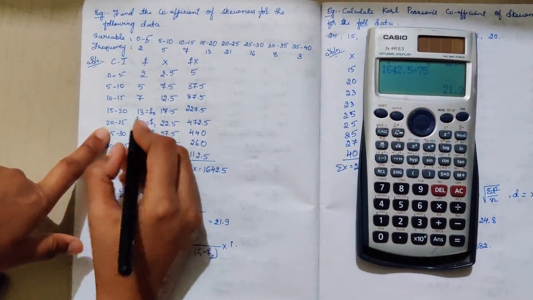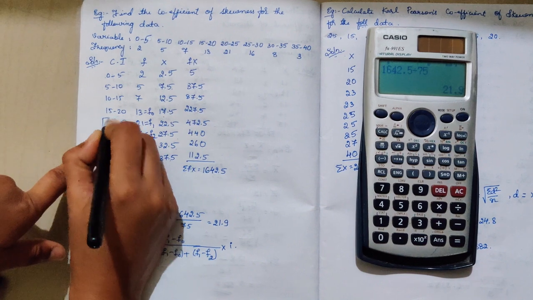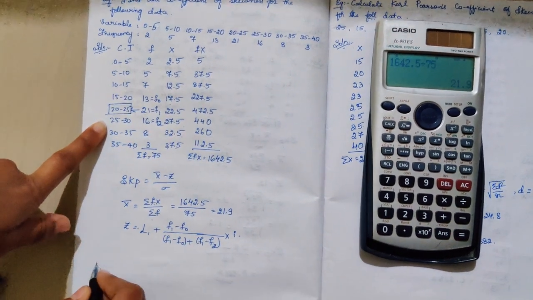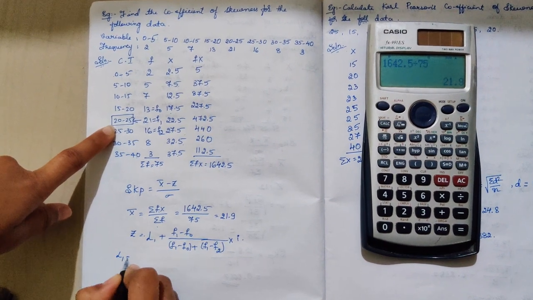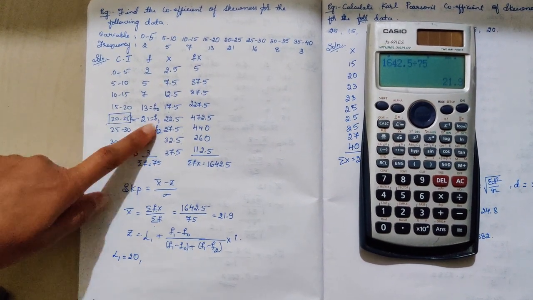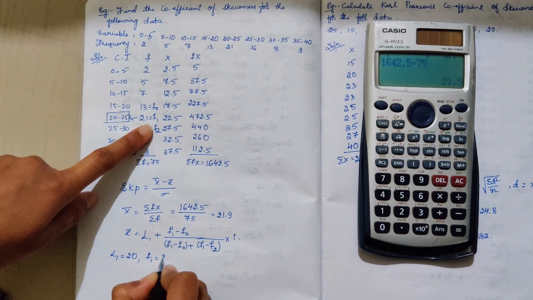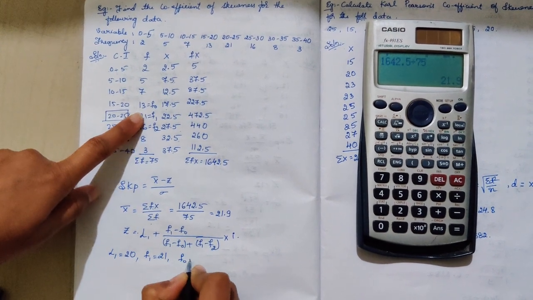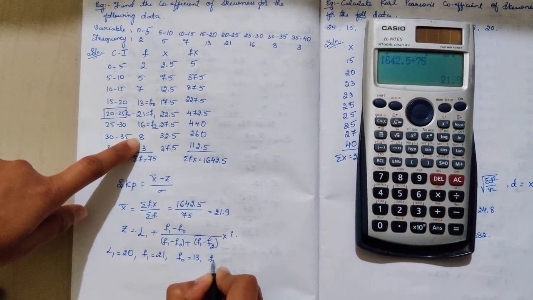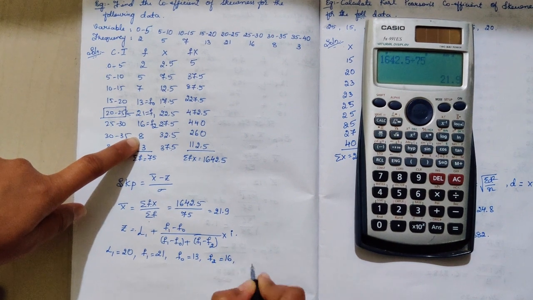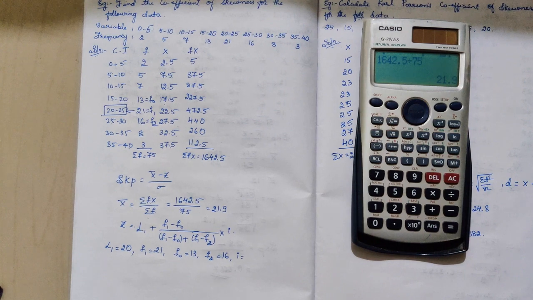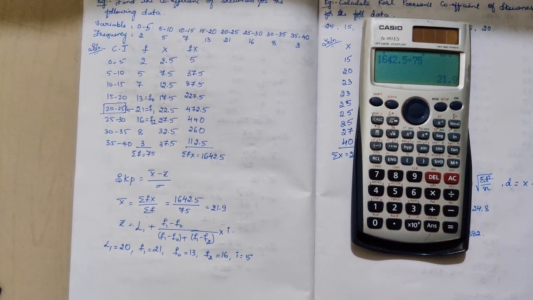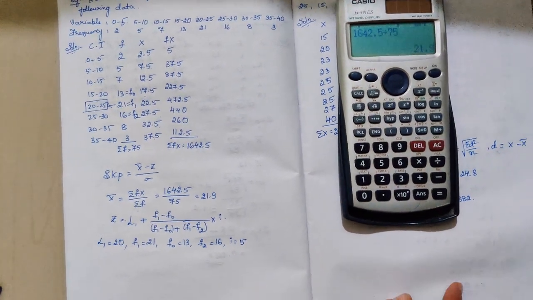Where we have the F1 value, its class interval is considered, and the lower limit there is 20. So we consider L1 as 20. Here F1 is 21, F0 is 13 and F2 is 16. I is the width of the class interval. Here we can observe that the width is 5.